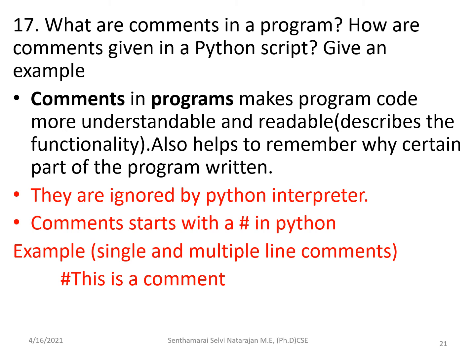So comments make the program more understandable and readable. Sometimes they specify why this part of the code has been written in that particular program. Mostly we will be using only single line comments, that is a line preceded by a hash symbol.